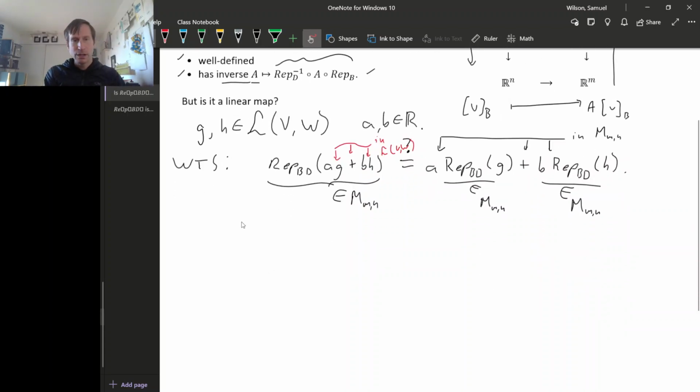So what we can do is multiply rep BD of aG plus bH by any vector, and we will compare this to what happens to the matrix on the right when we multiply by the same vector.